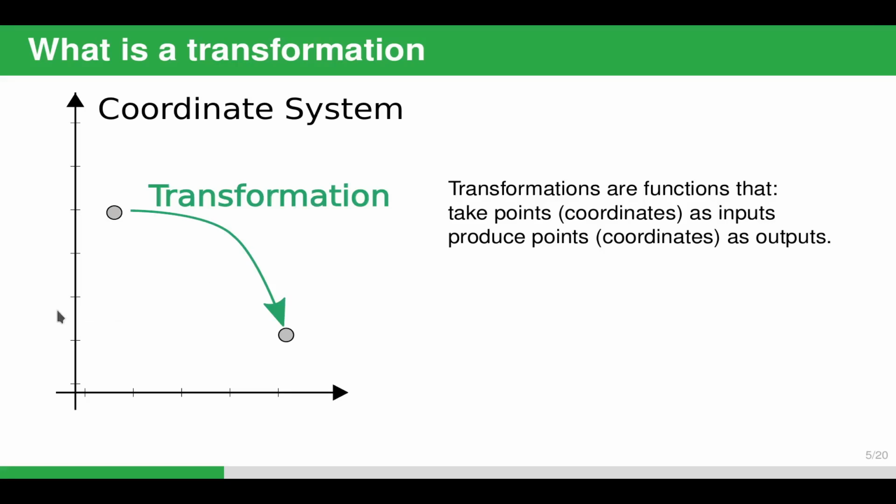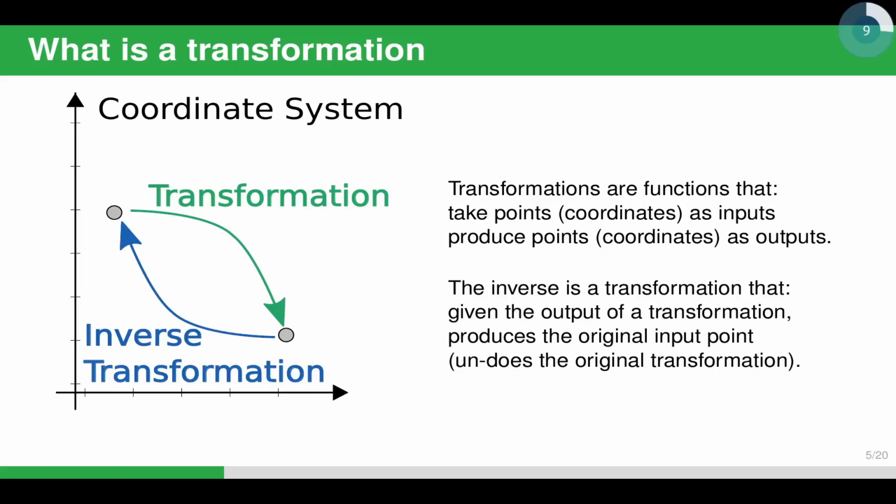Also important is the inverse of a transformation. That is a transformation that, given the output of some transformation, produces the original input point. So you can think about it as undoing the original transformation. Another way to think about it is that it answers the question, given some point, what do I need to give the green transformation as input in order to get this point as output?